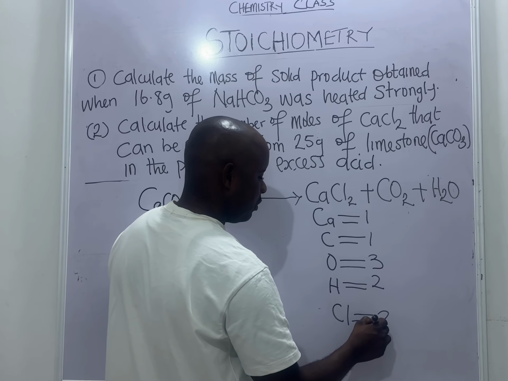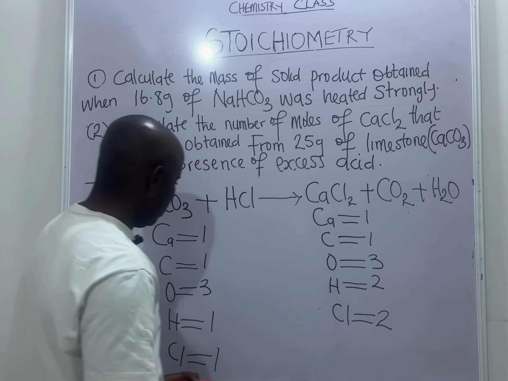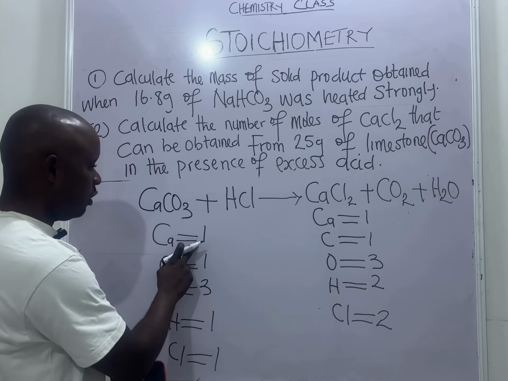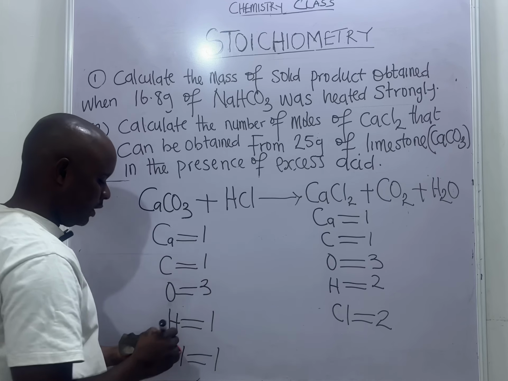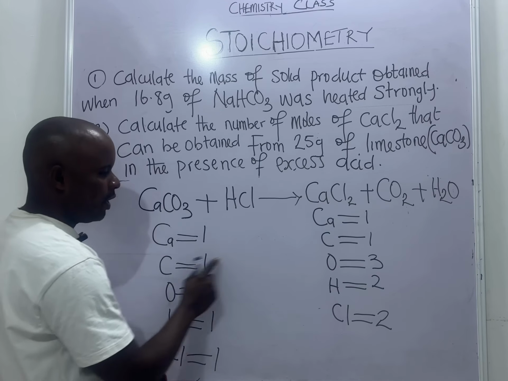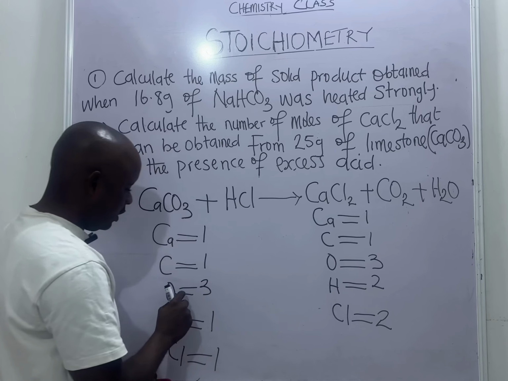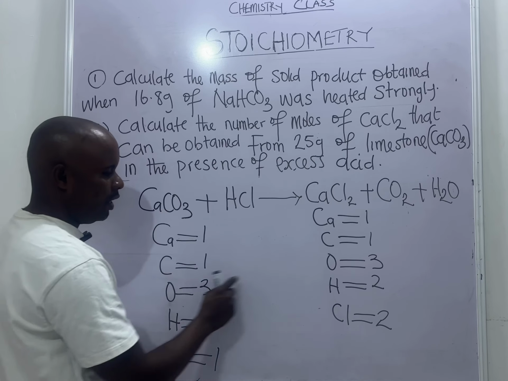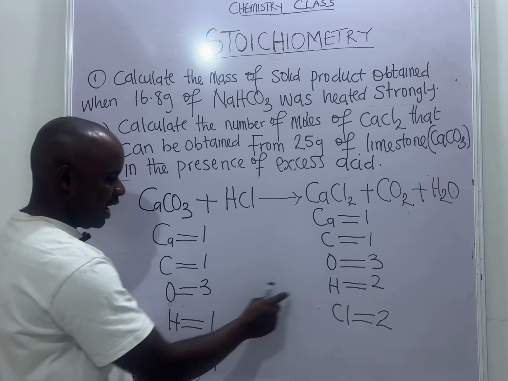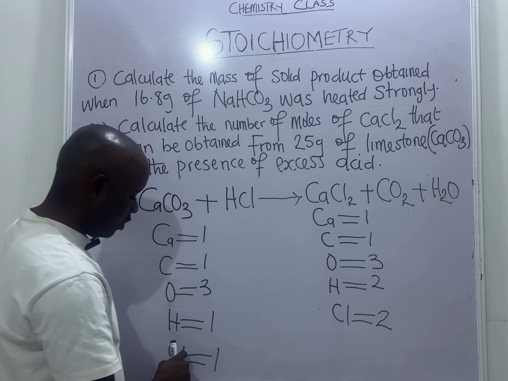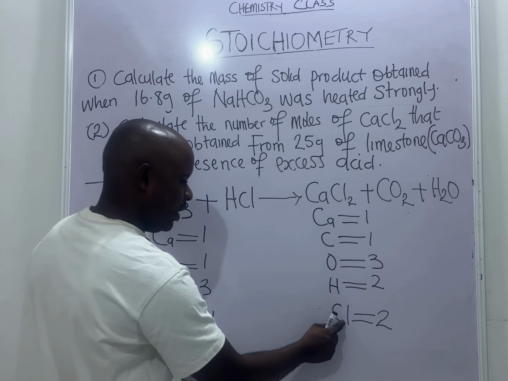Chlorine, we have 2. So let's check the equation. Calcium 1 here, calcium 1 here. Carbon is 1 here, carbon is 1. Oxygen is 3, oxygen is 3 as well. Hydrogen is 1, hydrogen is 2. Chlorine is 1 here, chlorine is 2 here.